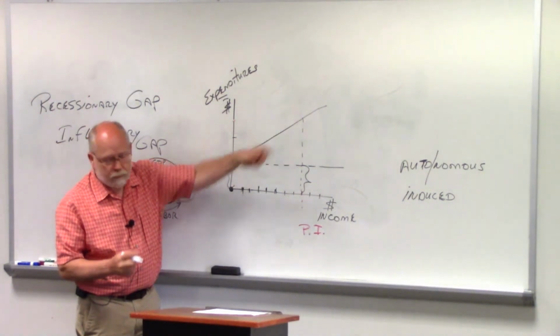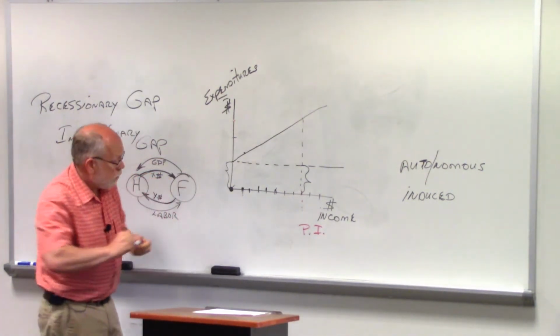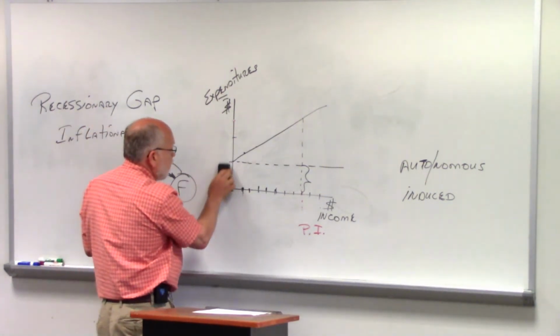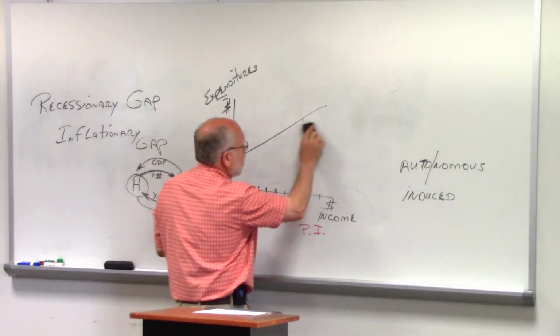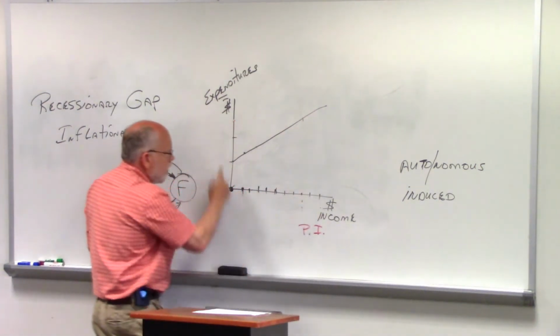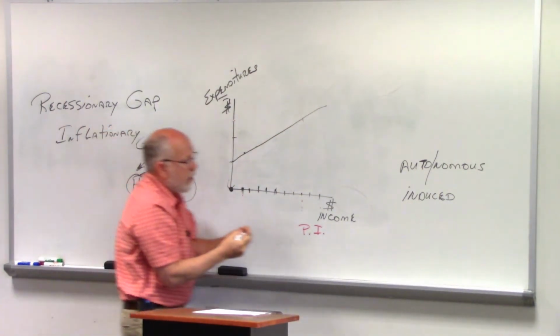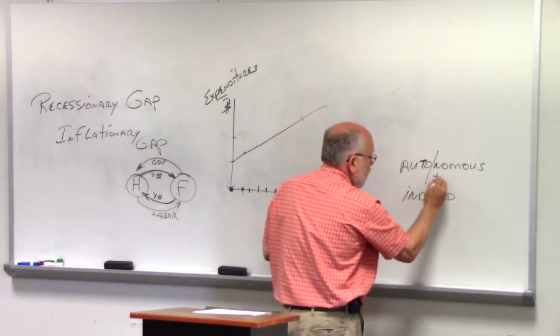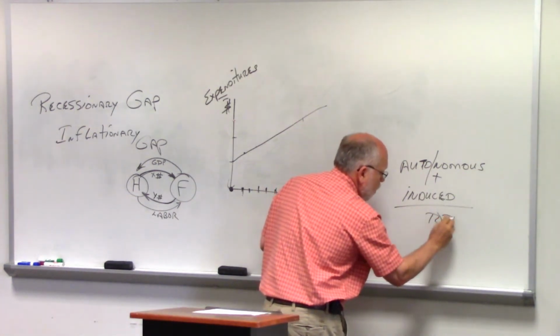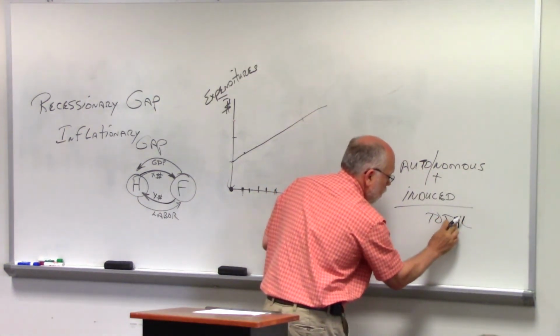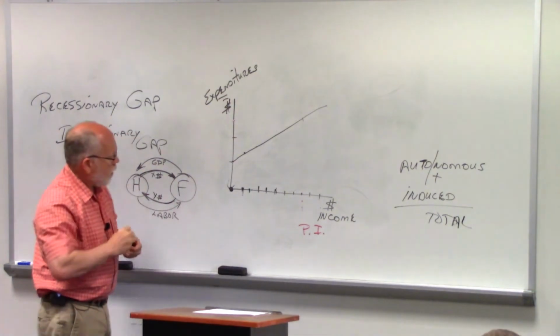You with me? Okay. Now I'm going to get rid of some of my construction lines here, and I'm only going to leave this. This line right here, which is the summation of autonomous plus induced, is total expenditures.